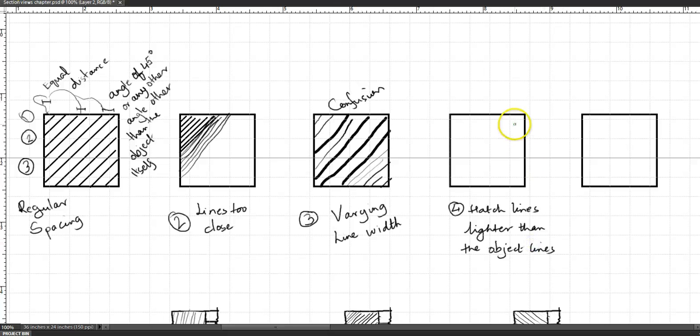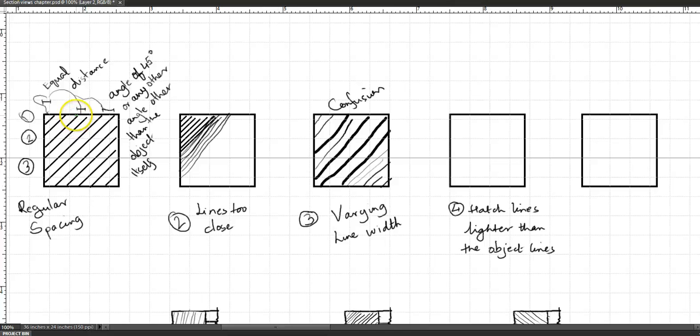Like this is my object, or for example you see this object right here and you see the hatch lines over here. Both of them look like they are of the same thickness and they are of the same hardness.